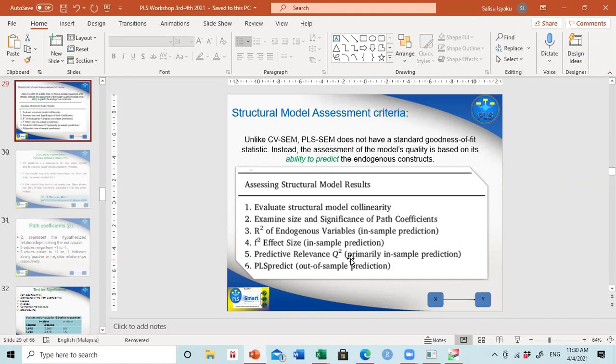We are talking about the constructs, construct to construct, and the level of significance. So F square, you report whether you have formative or reflective. Okay, sir. Thank you so much, sir. Yeah, no problem.